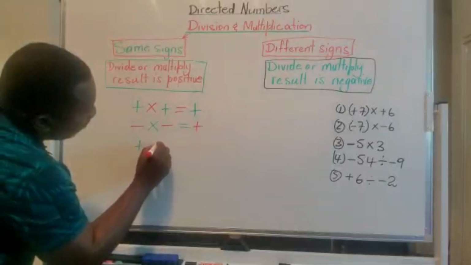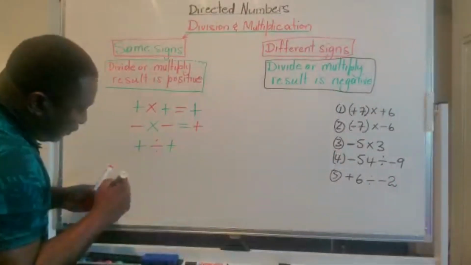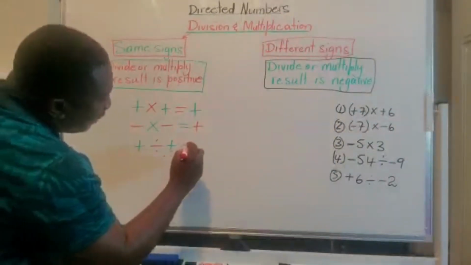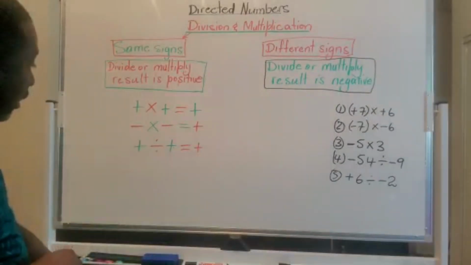is divided by a positive. Guys, our result will be a positive. So what is this telling us?